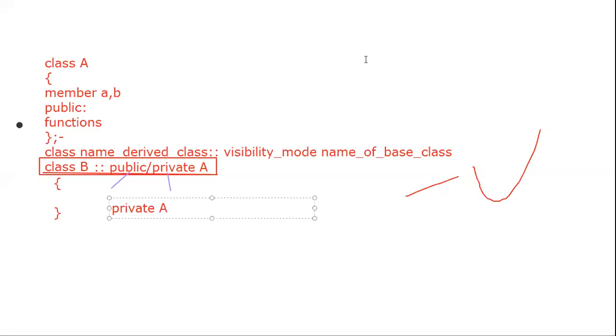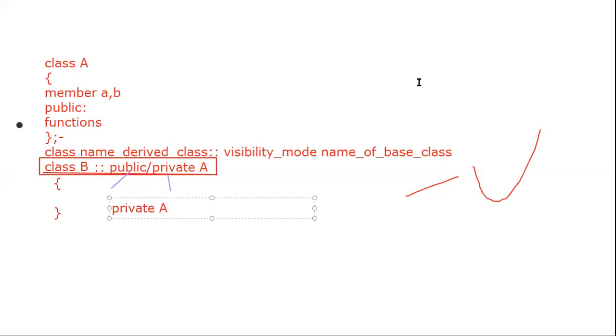Yes, did you get my question? Yes, Prasad, Rahul, did you get my question? What will happen if we write class B, then scope resolution operator and private A? What will happen?